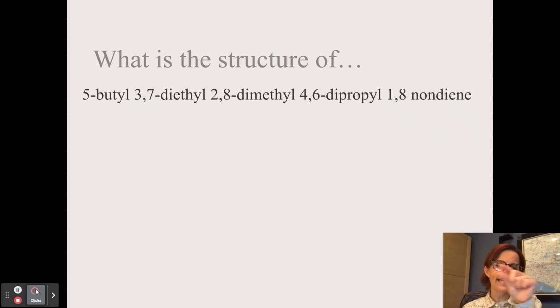So put 9 across. Put a double bond after the first carbon and a double bond after the 8th carbon. Now, see if you can add the 5-butyl, the 3,7-diethyl, the 2,8-dimethyl, and the 4,6-dipropyl.